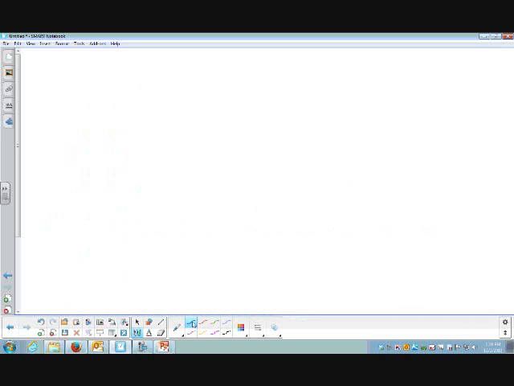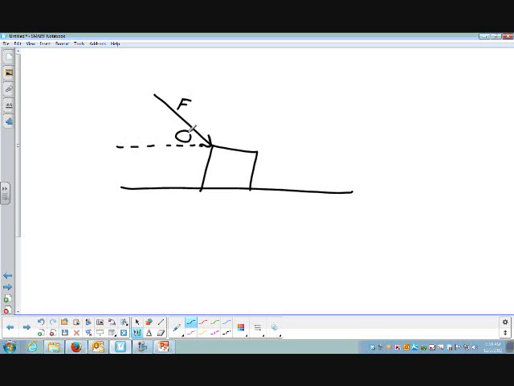Let me take a look at how the direction of the force impacts the displacement of an object. Let me do a simplified example to illustrate this. Let's just say we have a box on the ground. That's not a very good box, but you get the idea. The direction of the force, we might be pushing down on it at some angle like this, and let's say this angle is theta.